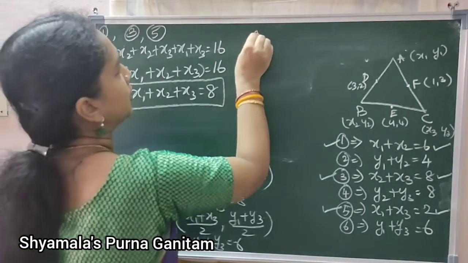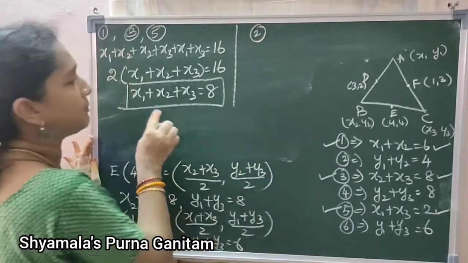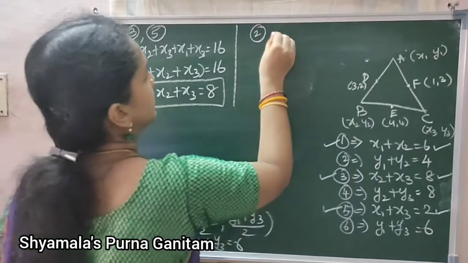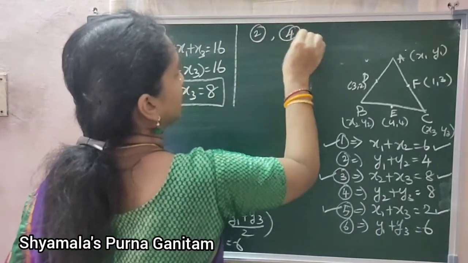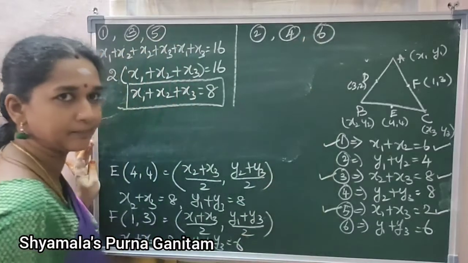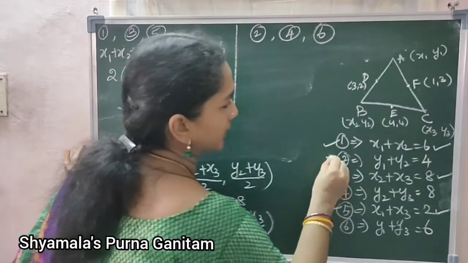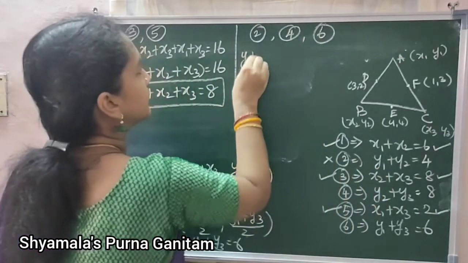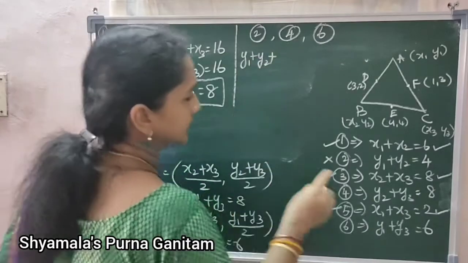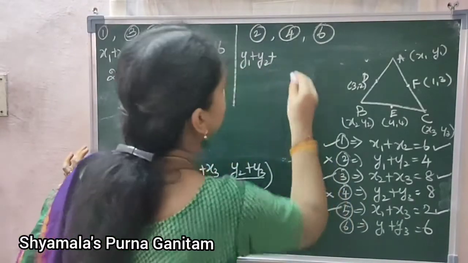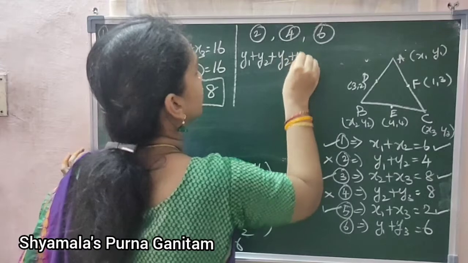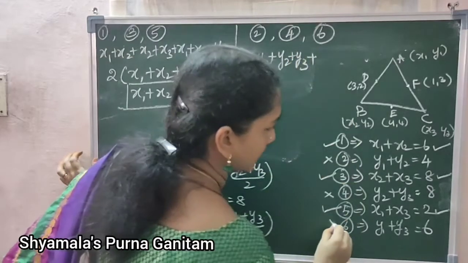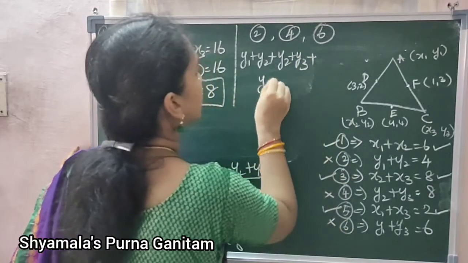Same procedure you will do for finding y1 plus y2 plus y3 also. So second one, fourth one and sixth one I am adding. So the second one is y1 plus y2, plus y2 plus y3, plus y1 plus y3.